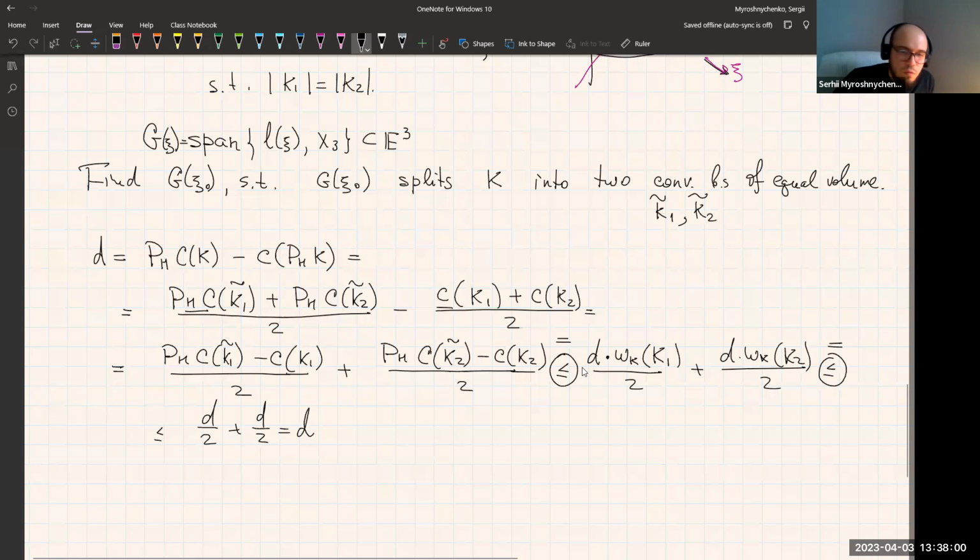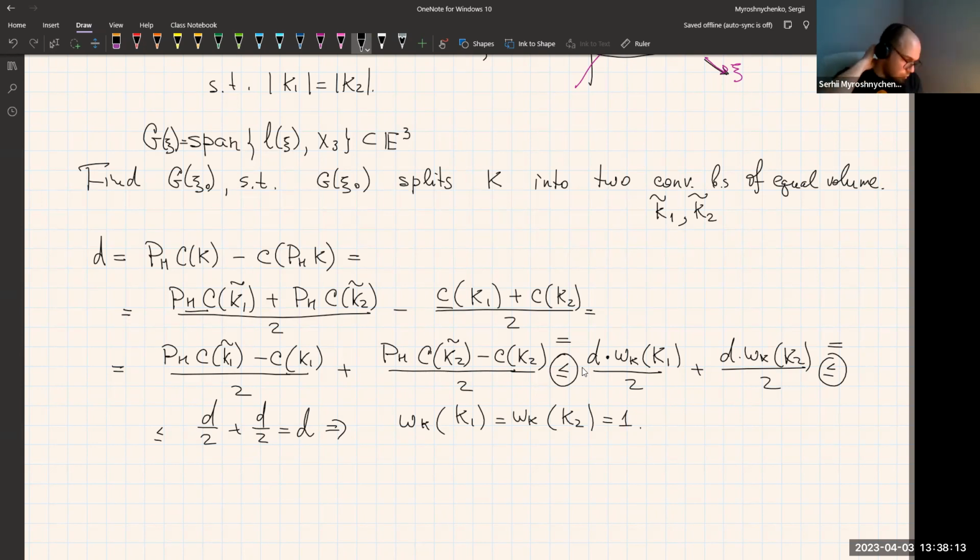This is quite meaningful because, in particular, we conclude that the width of these split pieces is going to be 1. And moreover, both K1 and K2, the 3-dimensional parts, are optimizers as well.